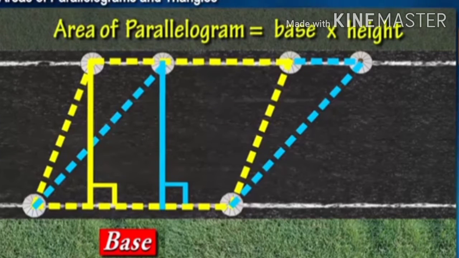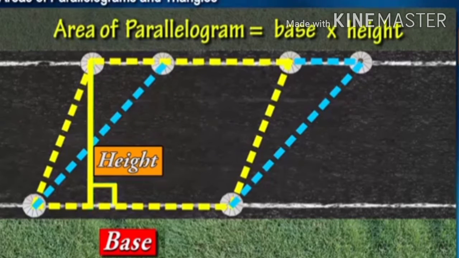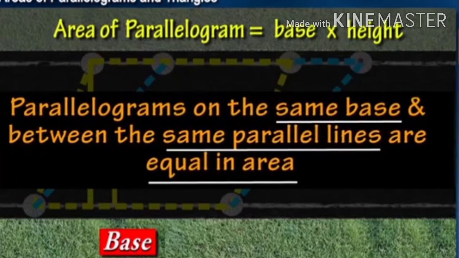Aren't the heights the same? Yes, they are. So from this we can say that the area of both the parallelograms is equal, or we can say that parallelograms on the same base and between the same parallel lines are equal in area.